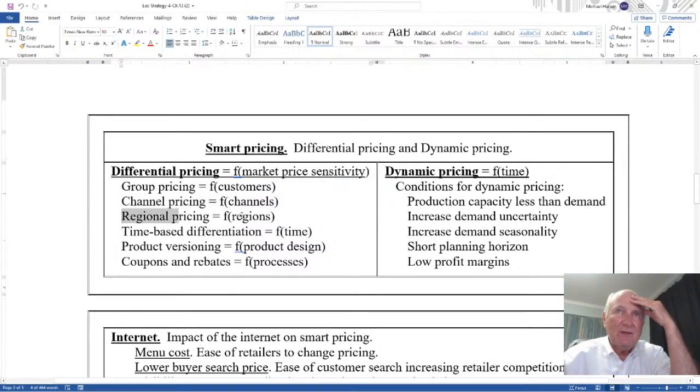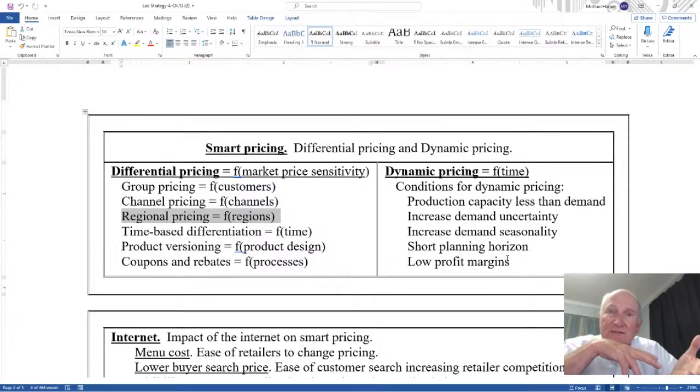Regional pricing: if you buy heavy equipment in the West, say a tractor in Texas, that tractor probably has a large demand, especially in Nebraska or Kansas. That tractor or baler might have a pretty low price because there's a lot of demand. But if you try to buy that in New York City or LA, it may be harder and a much higher price, because it's harder to get there.